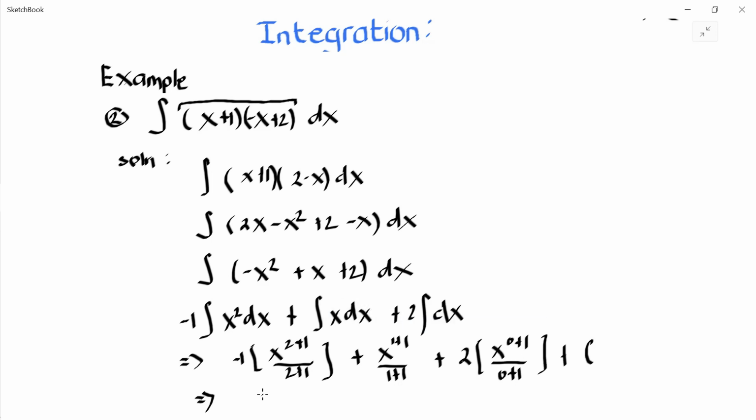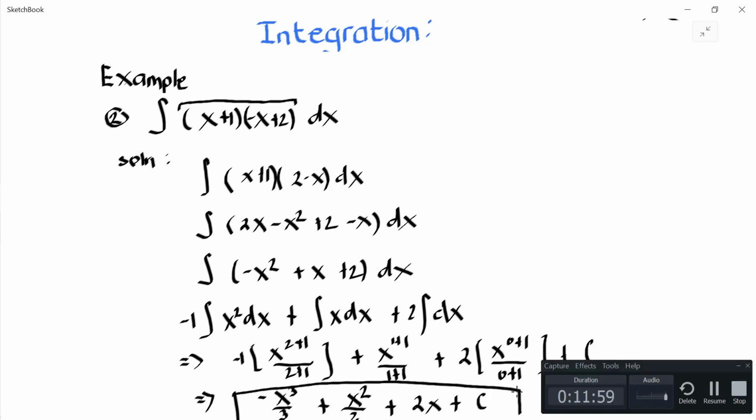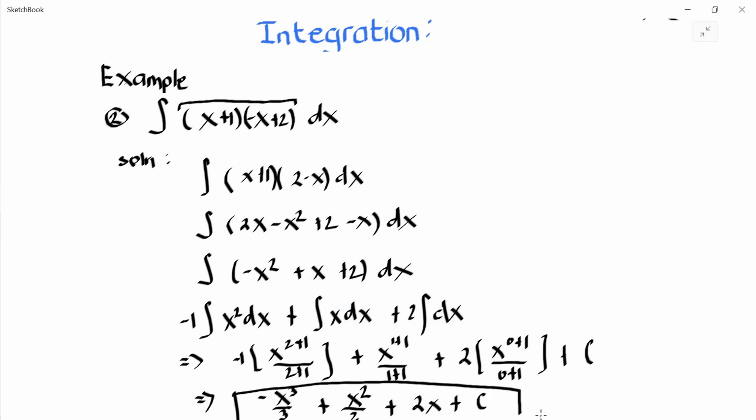Therefore, we will be having negative x cubed over 3 plus x squared over 2 plus 2x plus some constant of integration. That is the final answer for that particular problem.